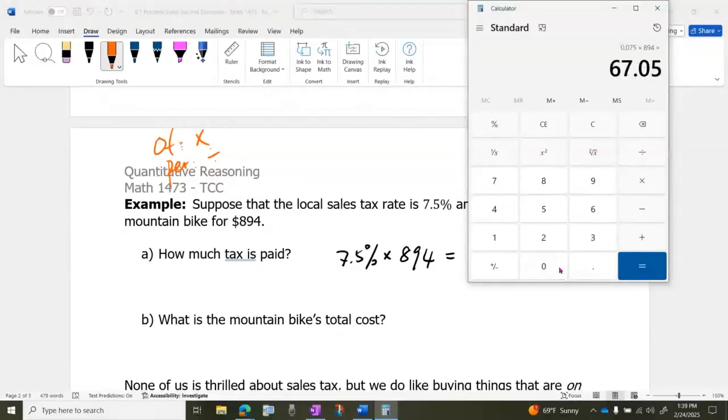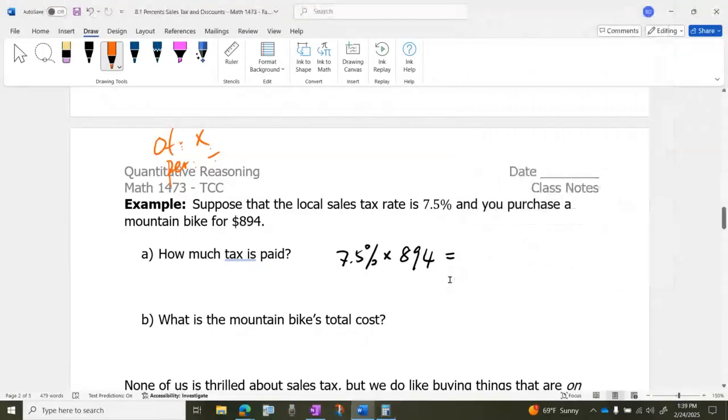So we have to pay the government $67.05. You pay the government $67.05. All right. So if you want the formula for tax, the tax amount is tax rate times the price of the item.